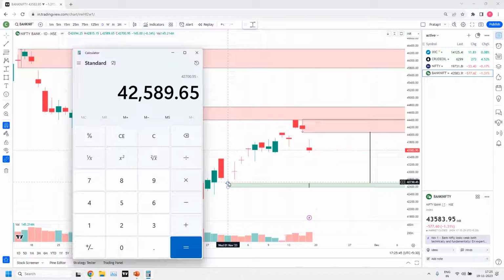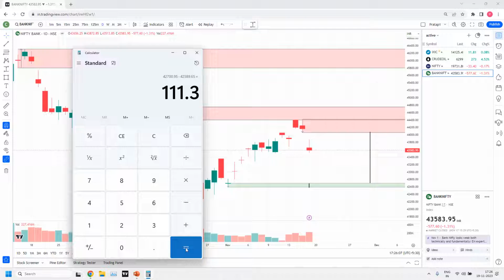Let us check again. 42,589.65. Okay. See, now the risk is 111.30 paisa. 111.30 is only our risk.